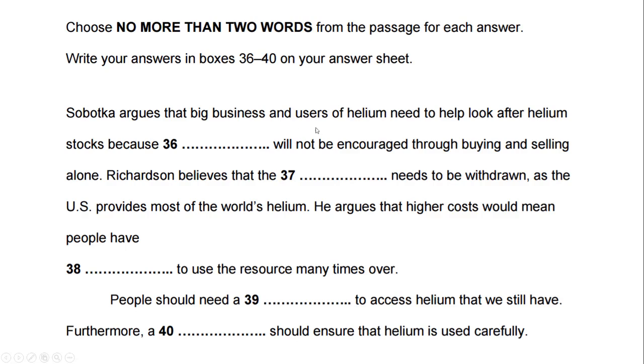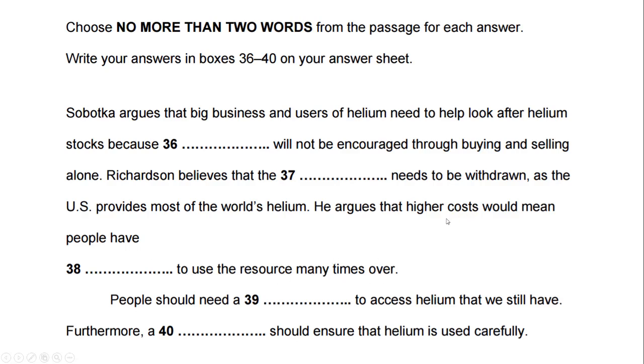Okay, so Sobotka argues that big business and users need to help look after helium stocks because, so we're looking for helium stocks, levels of helium, amount of helium, things like that. Richardson believes that something needs to be withdrawn, so withdrawn, taken away, stopped, withheld, something like that. He argues that higher costs would mean people have to use the resources many times over, multiple times.